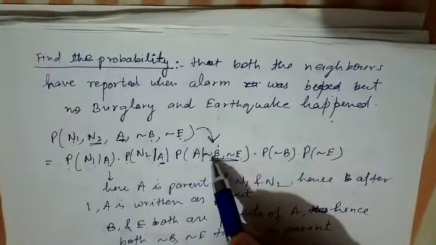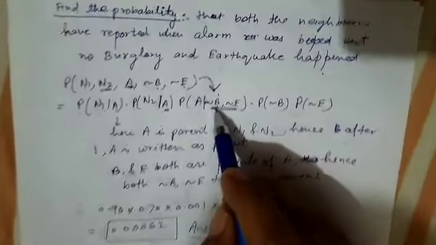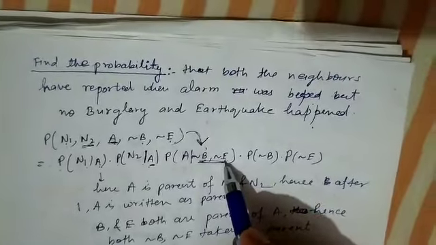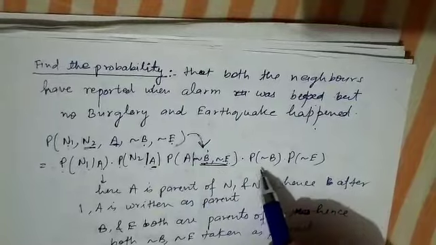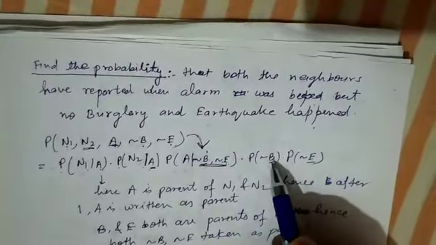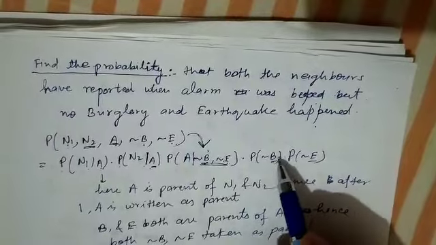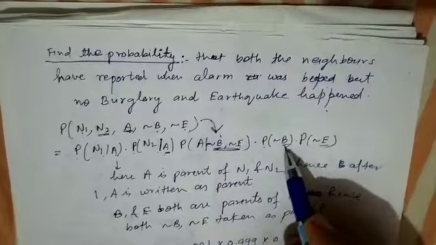We have taken negation here because burglary is not happening and earthquake is not happening. Burglary and earthquake do not have any parent, so they have no variable in the condition: probability of not B, probability of not E.